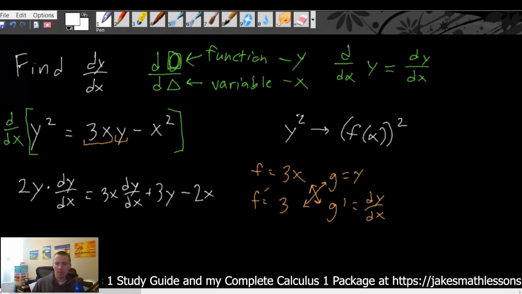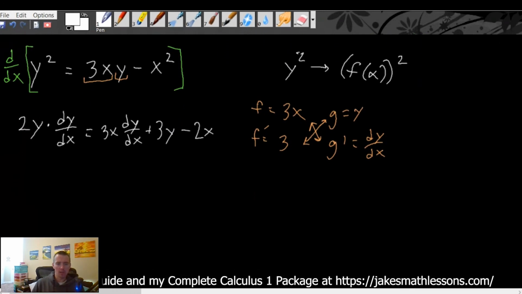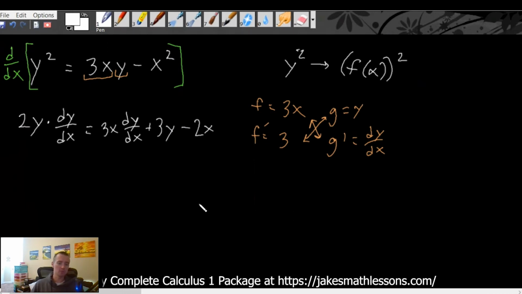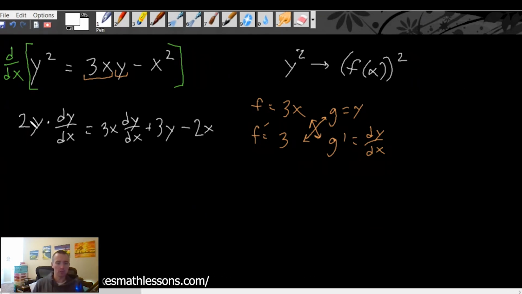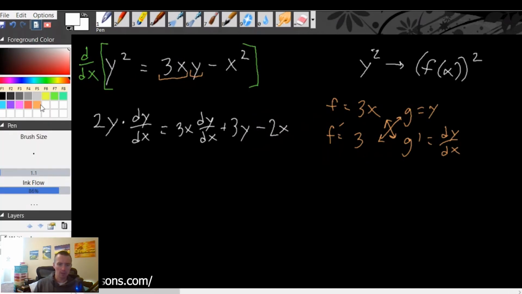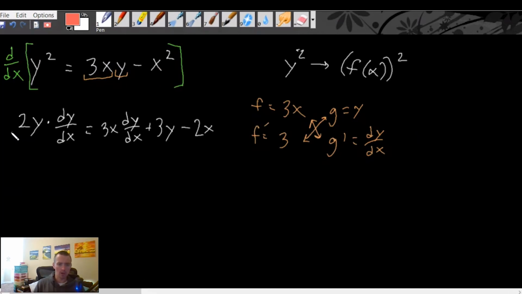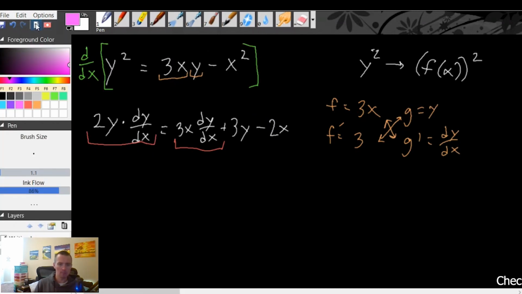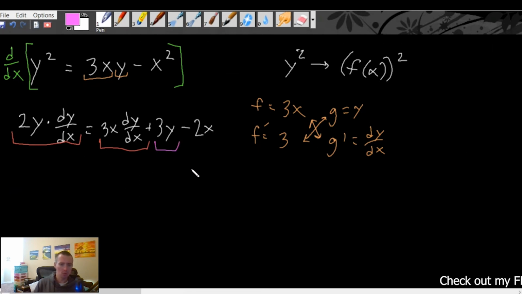So now, really, with any implicit differentiation problem, the next step that we want to go to is to separate our dy dx terms on one side of the equation and our non-dy dx terms on the other side of the equation. So you can see, thinking about the different terms we have here, we've got one term here with dy dx in it, one term here with dy dx in it, and then one term here without a dy dx and one term here without a dy dx.